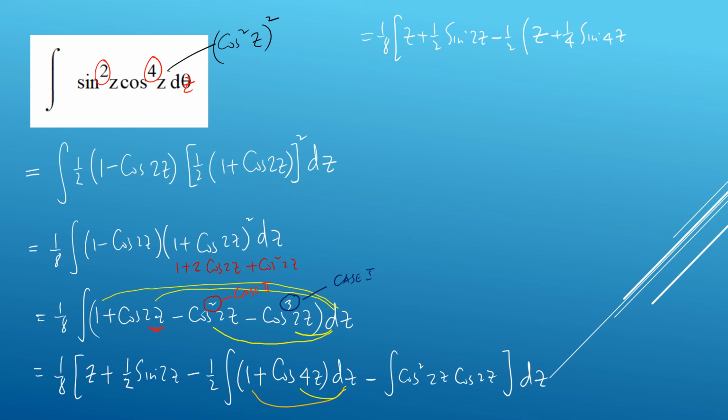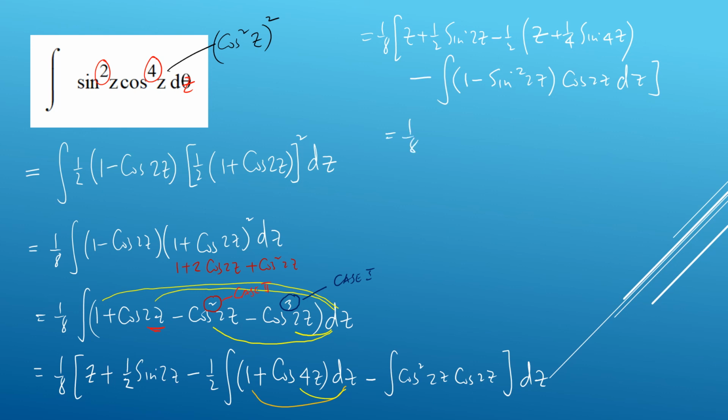The integral of cosine is sine, but because of 4z, the differential is 4 dz, so 1/4 will figure in our answer there. Minus the integral of cosine squared becomes 1 minus sine squared. Remember, we are applying here the rule of case 1. So cosine squared becomes 1 minus sine squared 2z times cosine 2z dz. So let me erase that. Cosine 2z dz.